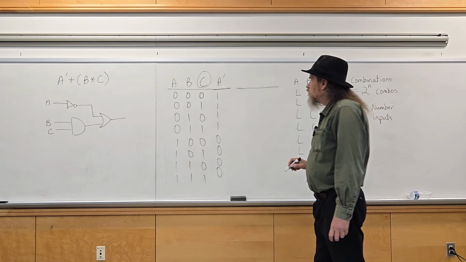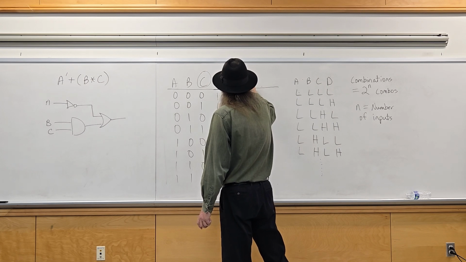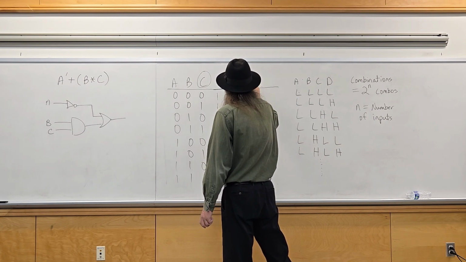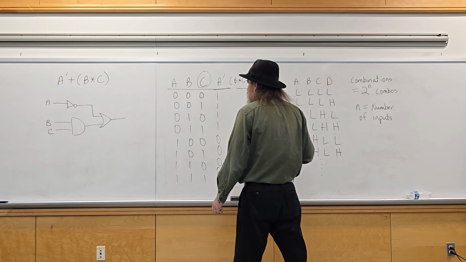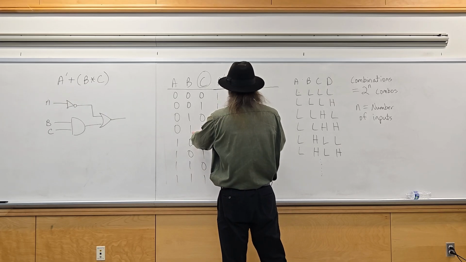Then you would do the B and C. B and C would be all zeros except for here.